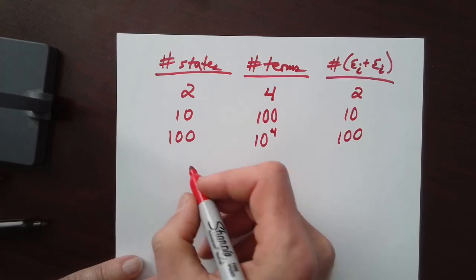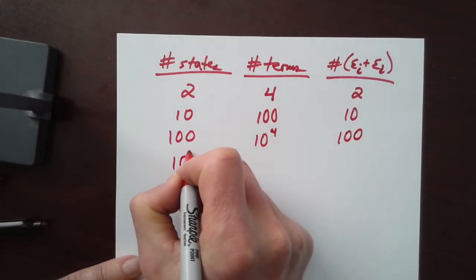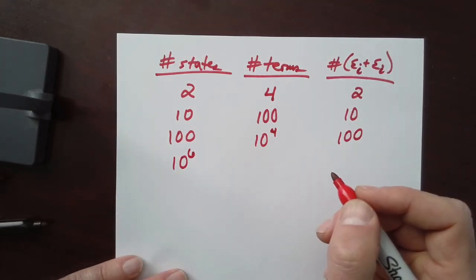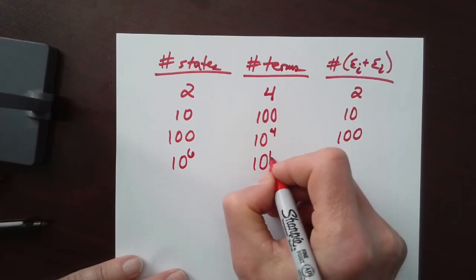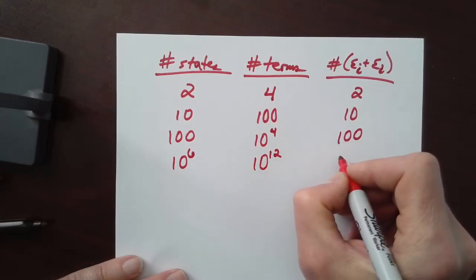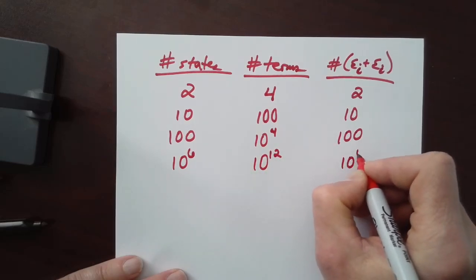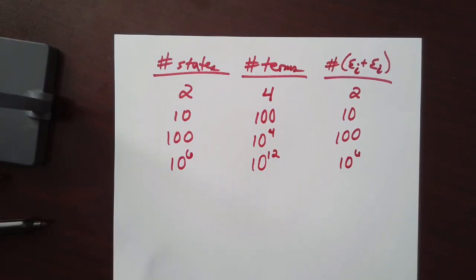What if I have 10 to the 6 states? Then I have 10 to the 12 terms, and 10 to the 6 problem terms.